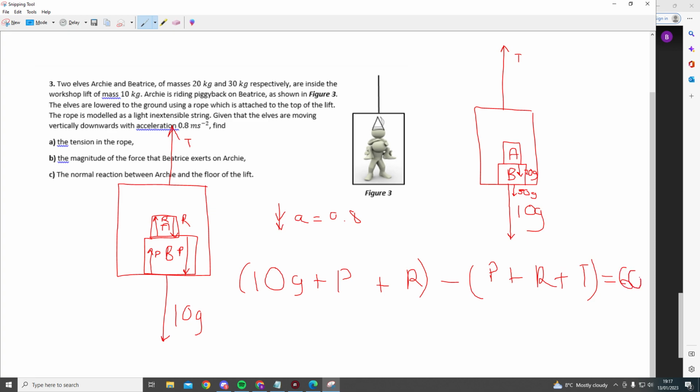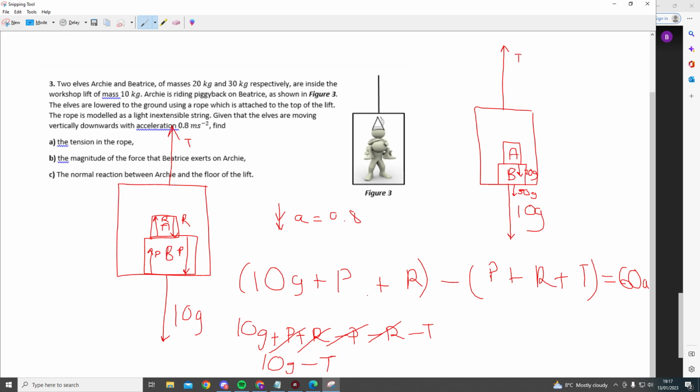So that's going to be 60 times acceleration, which we know is 0.8. Now what I'm trying to show here is 10g plus P plus R minus P minus R minus T. These just cancel out. So we're left with 10g minus T, which is why we can stick with this diagram for now.